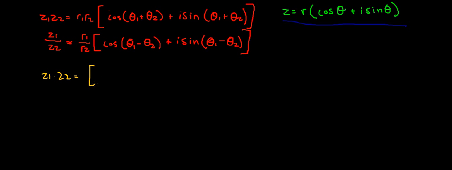So let me just write it in a very simple way first. So I have the radius R1 times cosine theta 1 plus i sine theta 1, which are all from the first complex number. And then it's going to be multiplied by the second one.